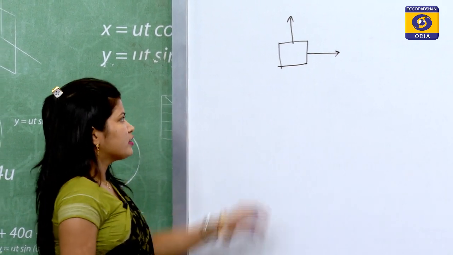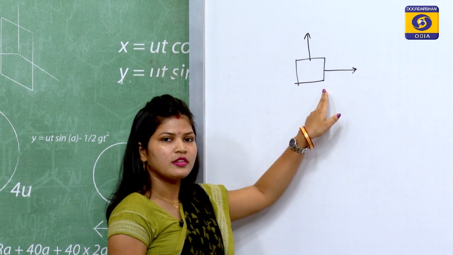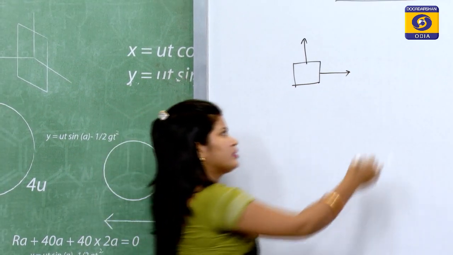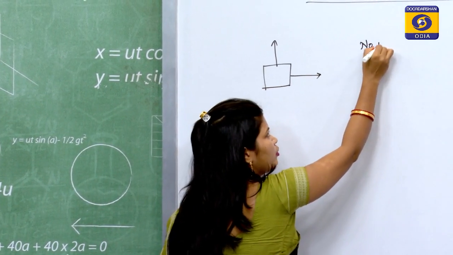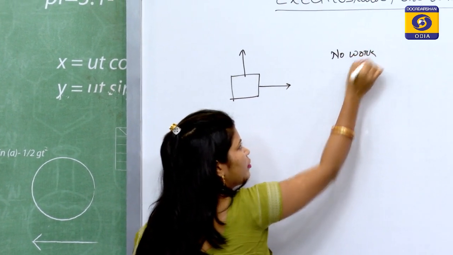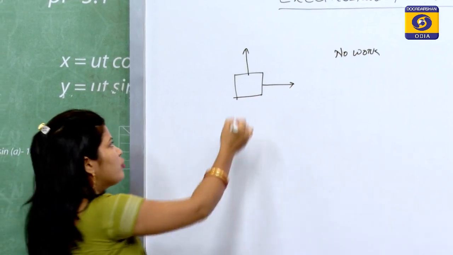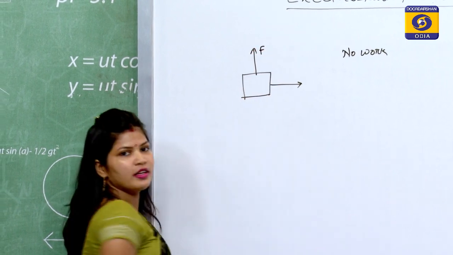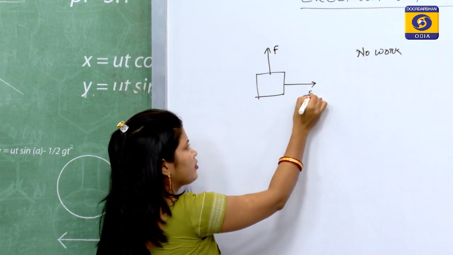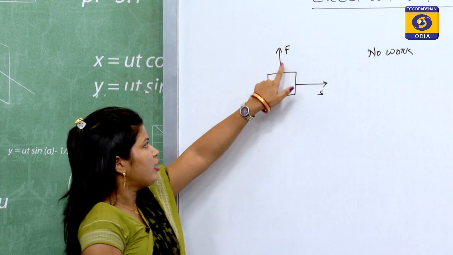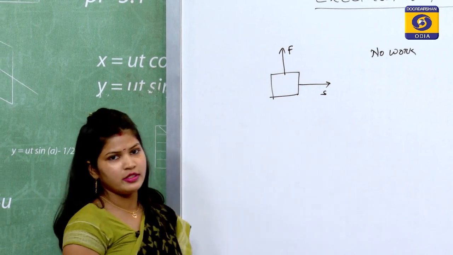Then in this case you are doing no work, that means work is 0. Why? Because you are applying force against gravity and displacement is forward, so the angle between force and displacement is 90 degrees.